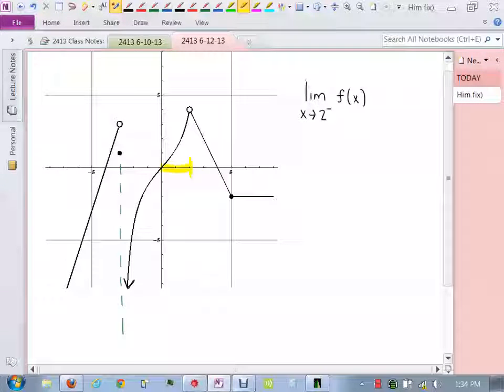And I'm looking at my function coming in from the left side, so I'll mark it in green. So as I'm approaching 2 from the left side like this, how high is that approaching? It looks like it's approaching 4 up there, isn't it? Looks like it's getting closer and closer to 4. So the answer is 4.